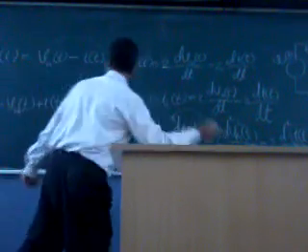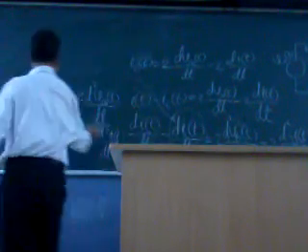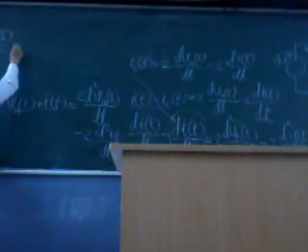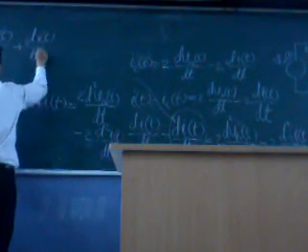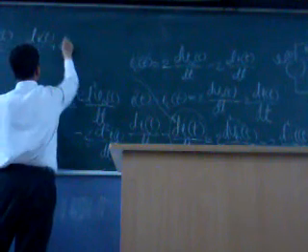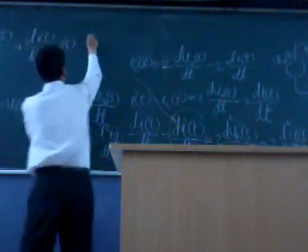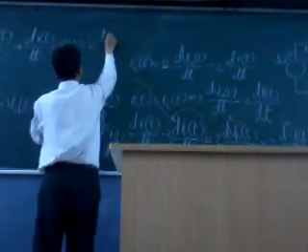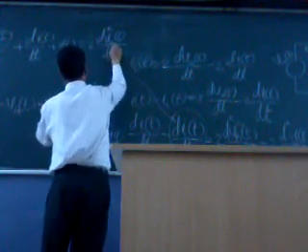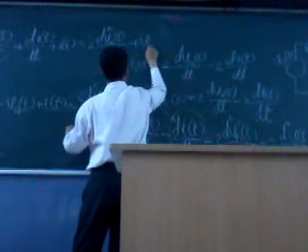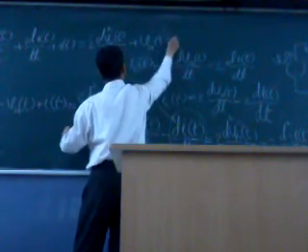So ultimately we get 2 d2I(t) upon dt square plus dI(t) upon dt plus I(t) is equal to 2 dV_in(t) upon dt plus V_in(t). This is the differential equation.